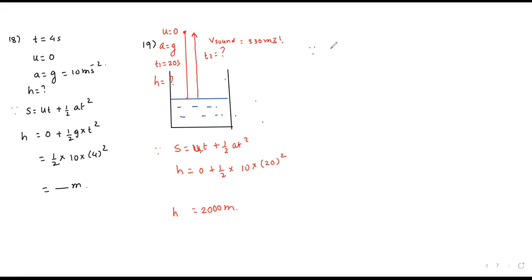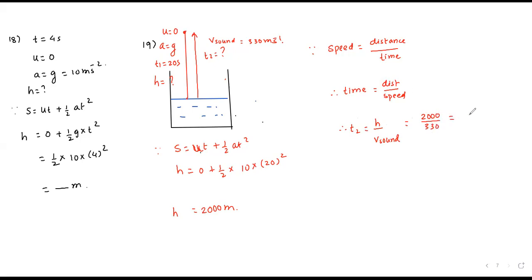Now since we know that speed is equal to distance upon time, can I write here therefore time, which is distance upon speed. So can I write here t2 is equal to this distance, which is h upon v of sound. This is 2000 divided by 330.